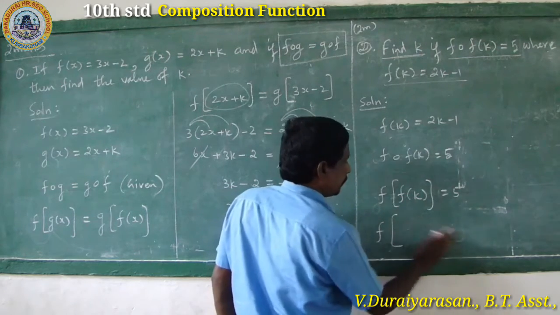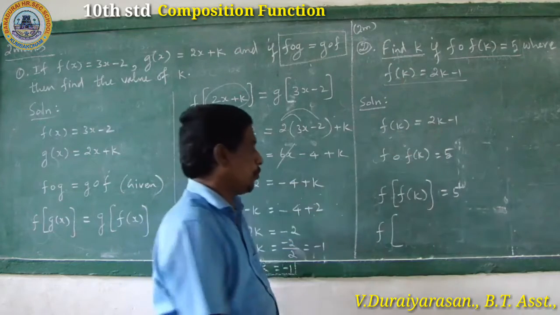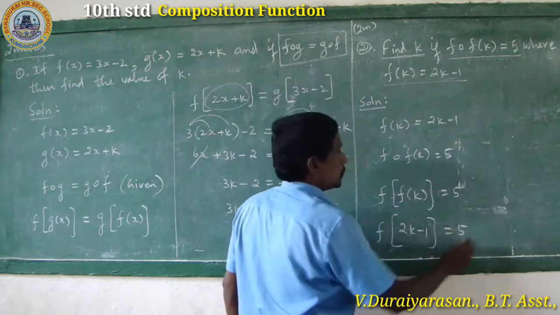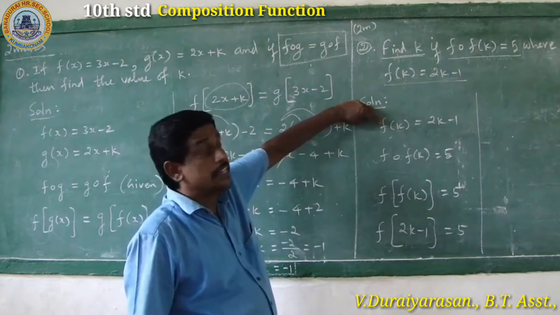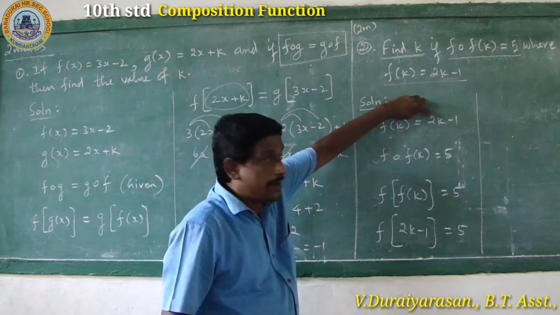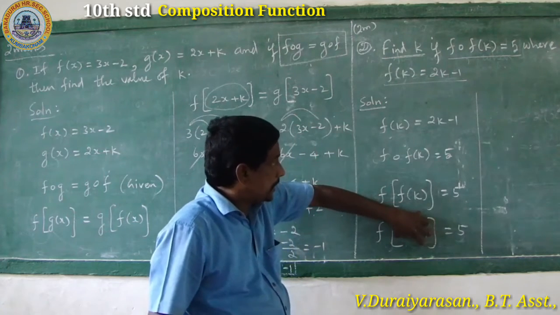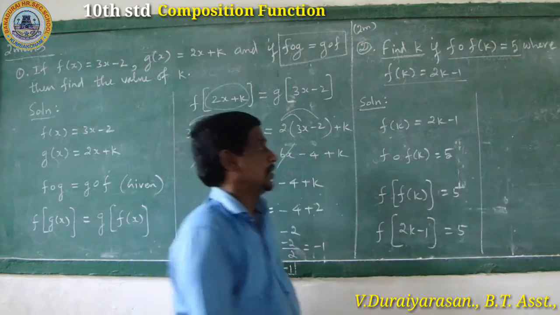What is the value of f of k? f of k is equal to 2k minus 1. Substitute: f of 2k minus 1 is equal to 5. What is the function f of k? This function takes k, multiplies by 2, then subtracts 1.